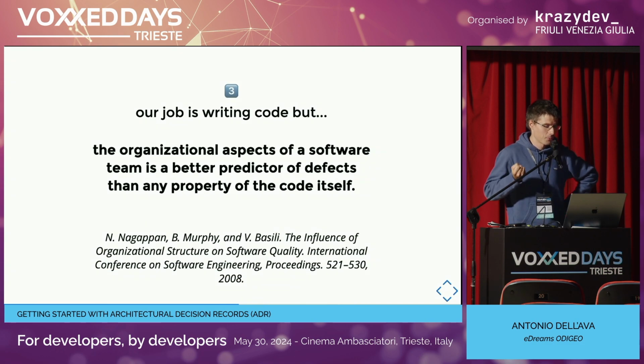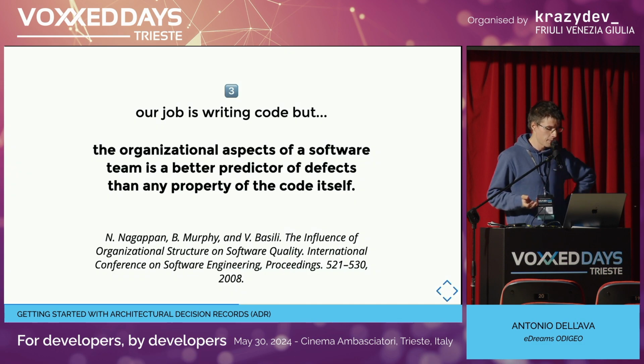And yeah, third devil's advocate question. Our work is writing code, but you know what? In this paper written in 2008, this research was done on the Windows Vista development process, okay?